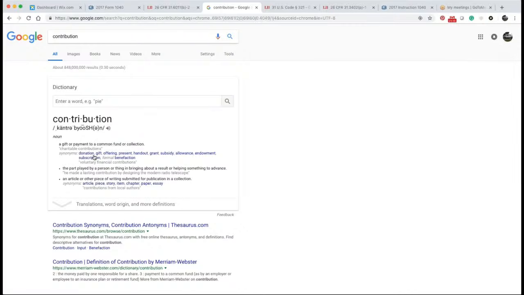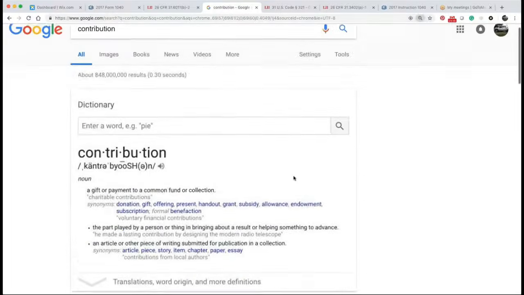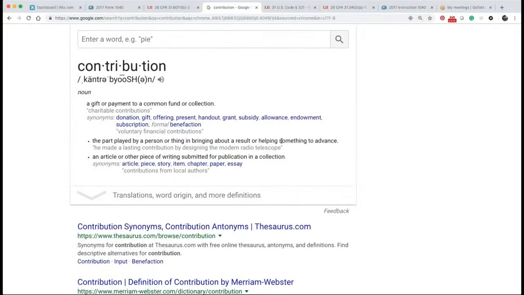Here are the synonyms: donation, gift, offering, present, handout, grant, subsidy, allowance, endowment, subscription, benefaction. So by their definition, FICA is a gift. You're giving a gift to this FICA fund.